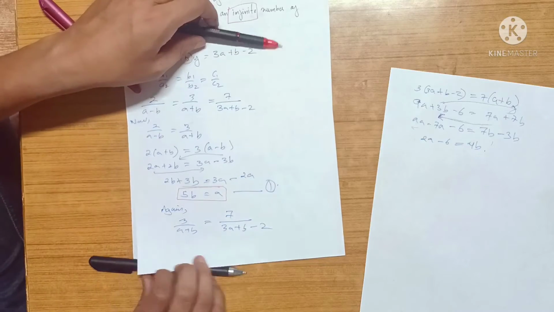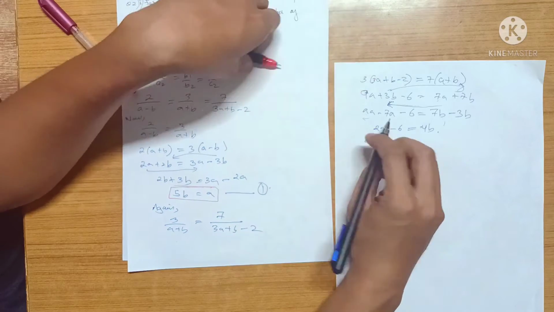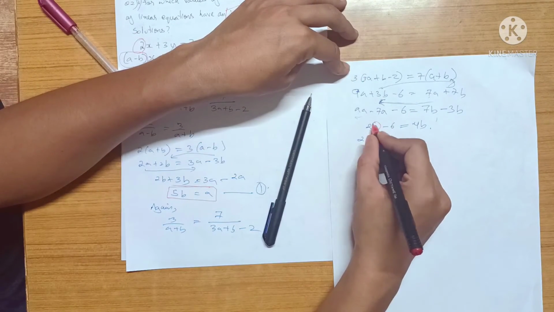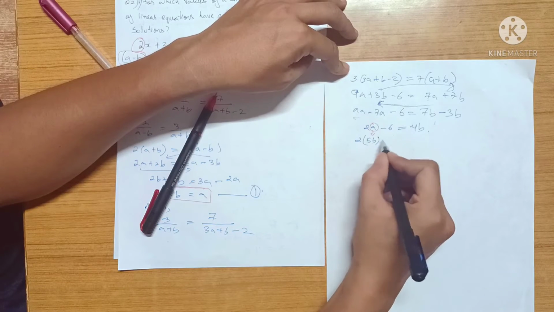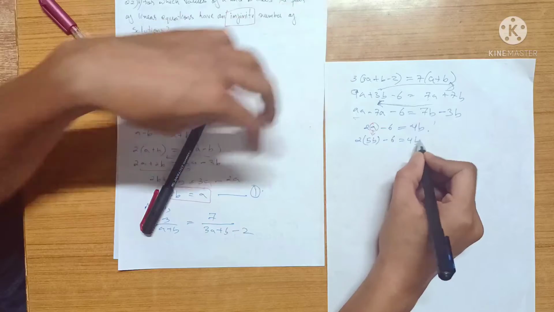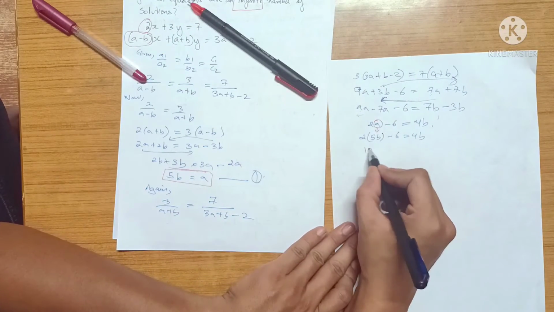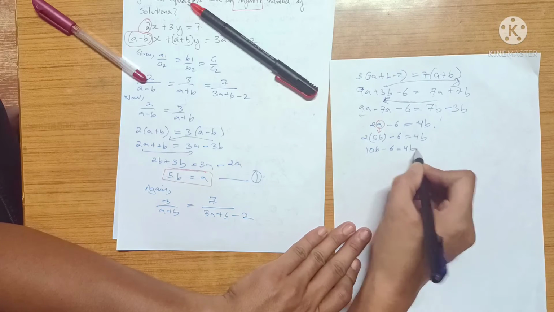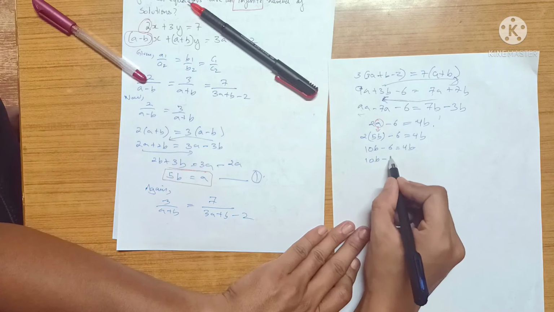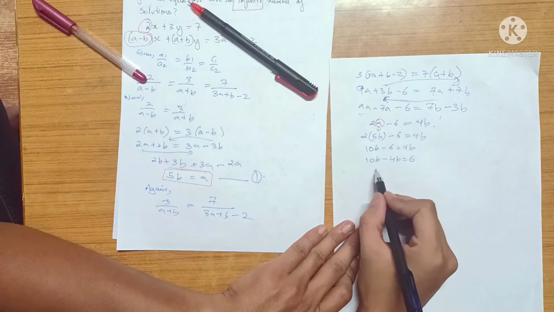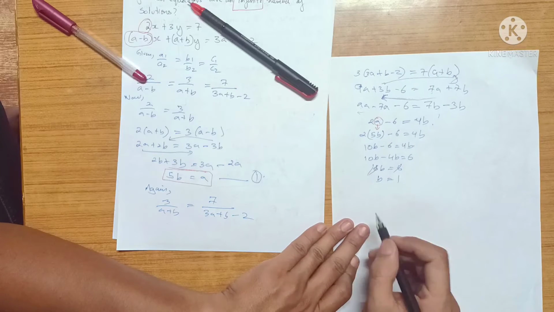So instead of a I can put 5b. I hope you understand that. Because a is equal to 5b, 2 into 5 is 10. So I'll take the 6 this side and 4b this side. So 10 minus 4 is 6b equal to 6. 6 we can cut, so b equal to 1.